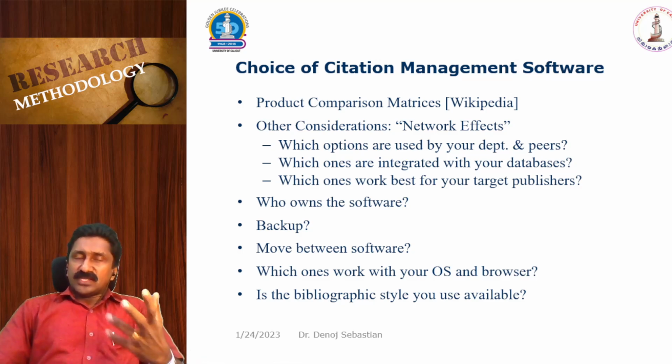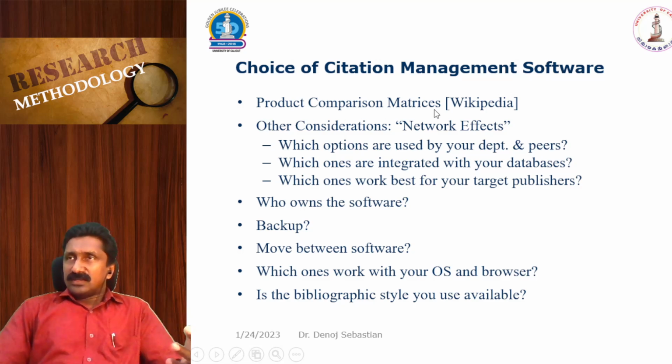How will you prefer a software? You can have a product comparison matrix even in Wikipedia, where the different features and the supported operating systems and other things are given. You can go to that. Another consideration is network effects, which means which options are used by the department or peers.